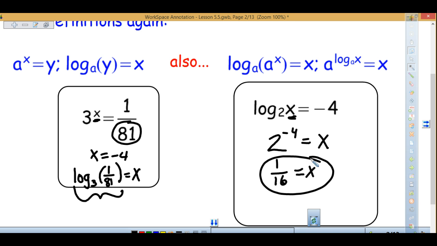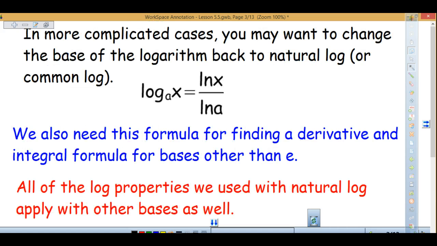All right, so I just mentioned that to be able to evaluate logs other than the common logarithm, you might want to remember the change of base formula. How that's defined is log base a of x, so essentially any logarithm base, that's just what the a stands for. If we want to switch it to natural log, that would equal natural log of x over natural log of a. Essentially it's the natural log of what was inside here divided by the natural log of the old base.